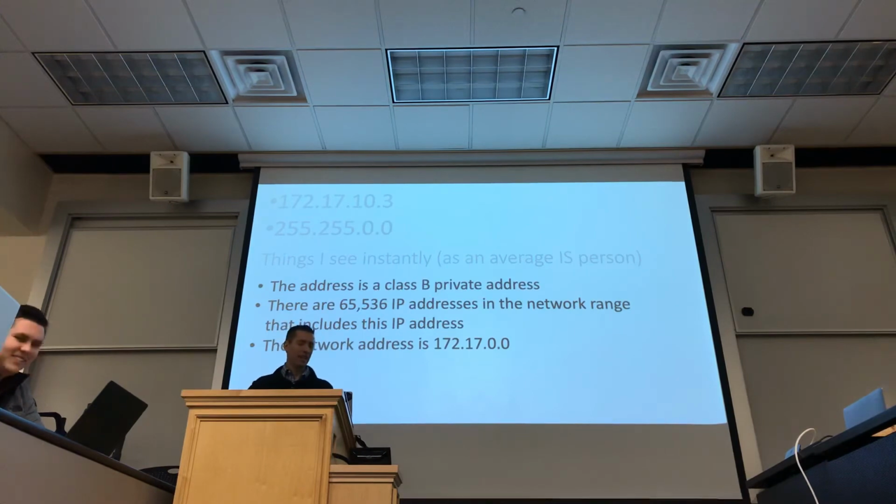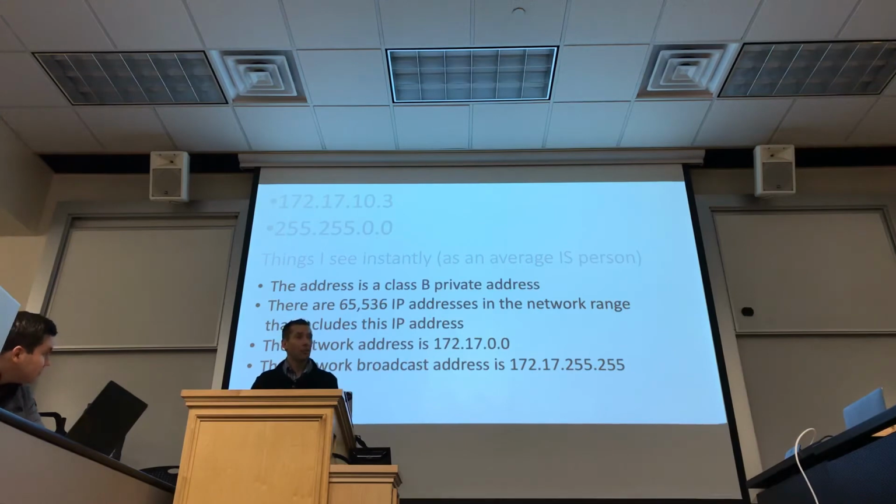I instantly know that the network address is 172.17.0.0, and that there are 65,534 assignable IP addresses within the range. You are a god. No.